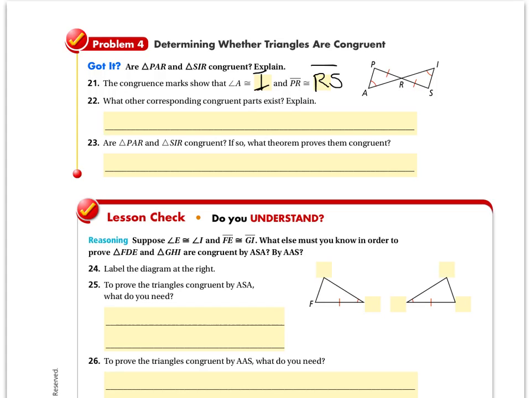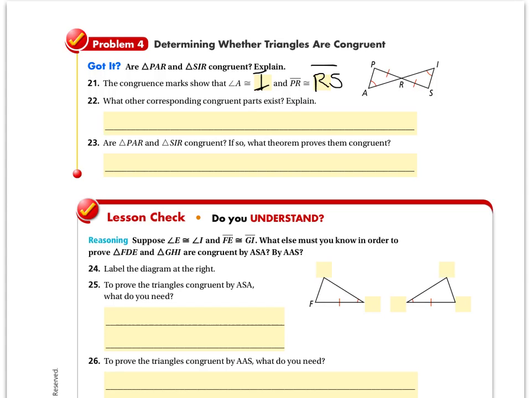What other corresponding parts exist? And let's answer this on number 22. If you notice, we only have one vertex at point R. Well, when two angles share the same vertex, they're vertical. Therefore, we know that angle PRA and angle SRI are vertical angles.